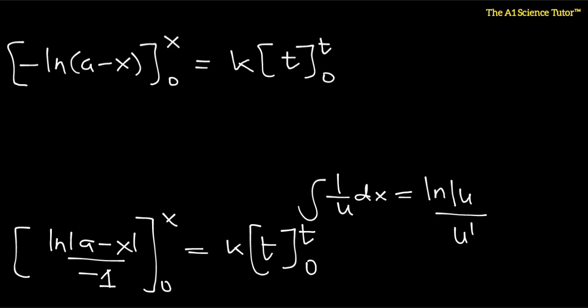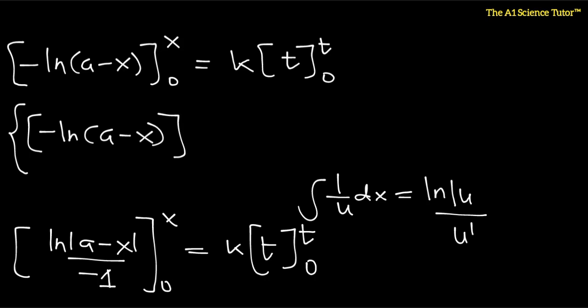So what is the next thing that we need to do here? We need to take the upper limit and substitute it as x in the first case, and subtract the answer by the substitution of 0, same thing as x. And we actually need to do the same thing for this other side. So I'm just going to use curly brackets to show this. This will be minus ln of a minus x, substituting x for x basically just remains the same thing.